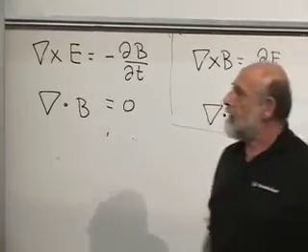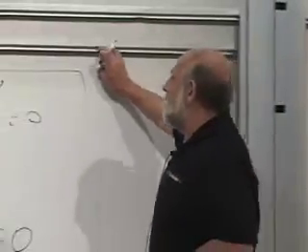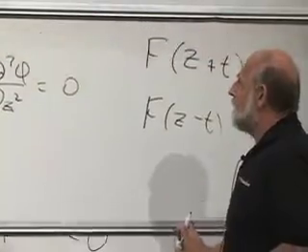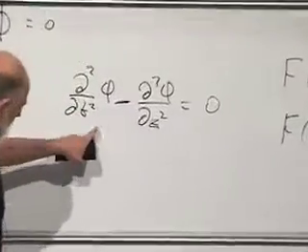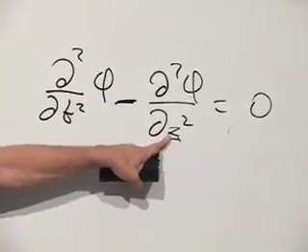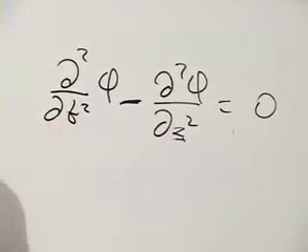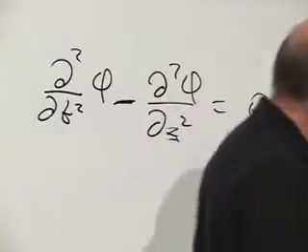Now if we go back, I don't know what we did with the wave equation, we had it someplace here. There it is. The wave equation is an equation with second derivatives. Second derivatives mean you differentiate twice. Okay.